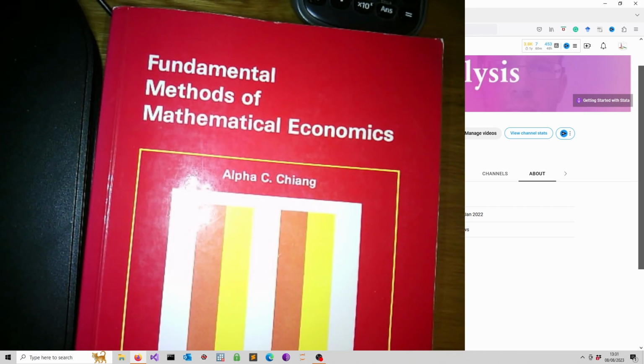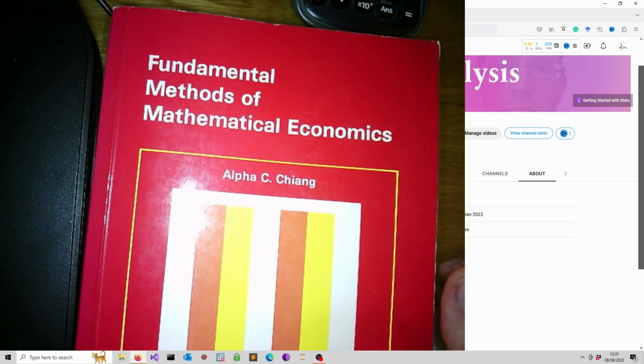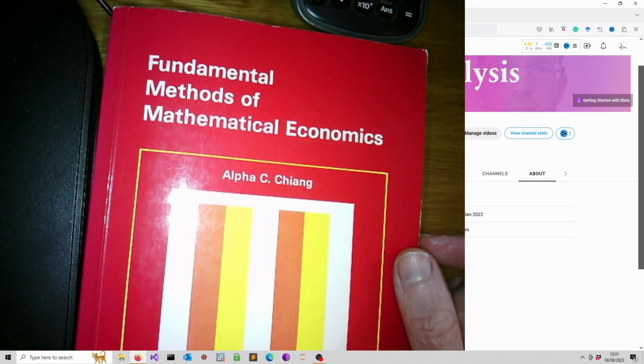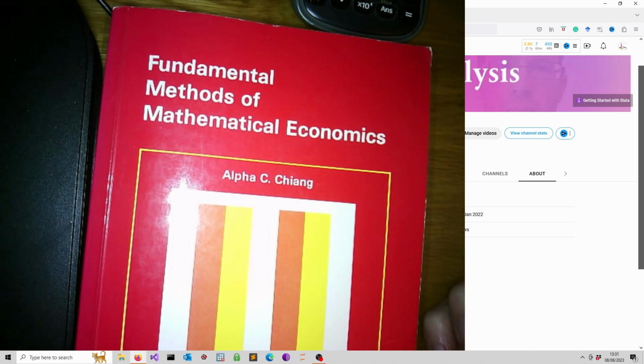This book was my best friend during my undergrad studies of economics at the University of Munich. Every time I wanted to dive a bit deeper into mathematical economics, this book provided an excellent overview.